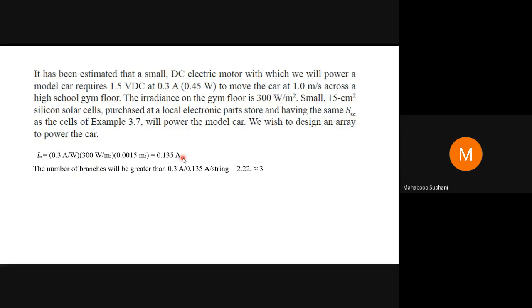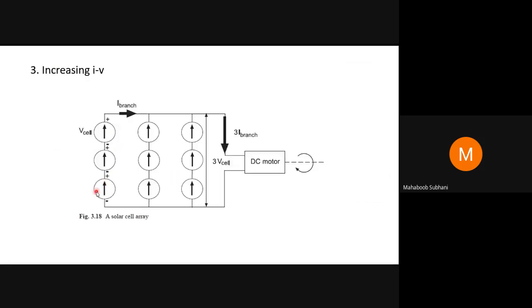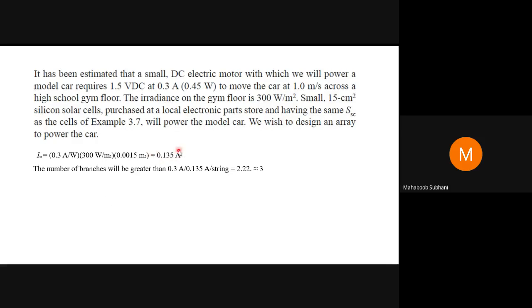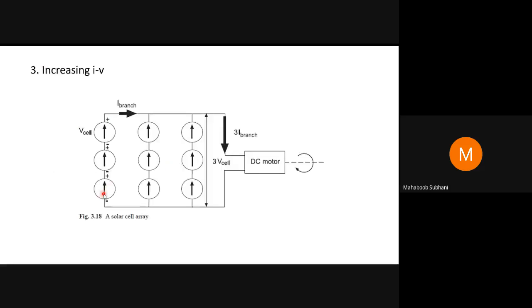And now the number of branches. If you consider this an array, this single cell will produce 0.135 ampere of current. The same amount of current produced in this cell will be the same in this string, so there will be no change in the current in the string.